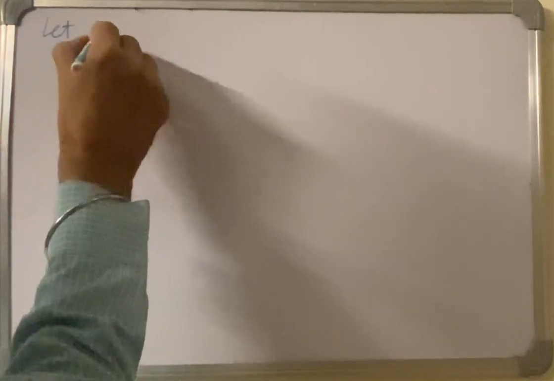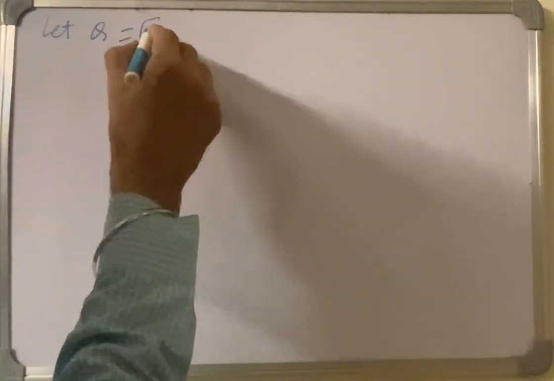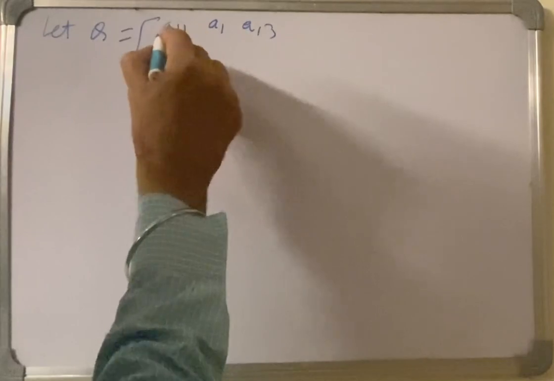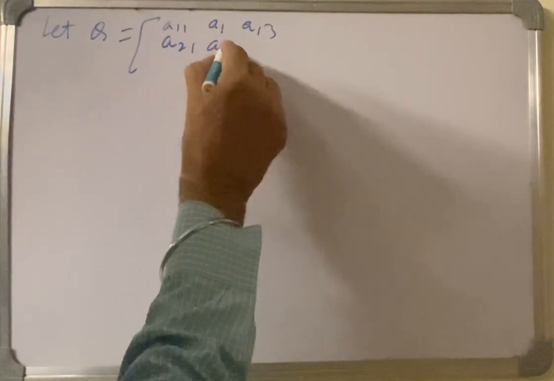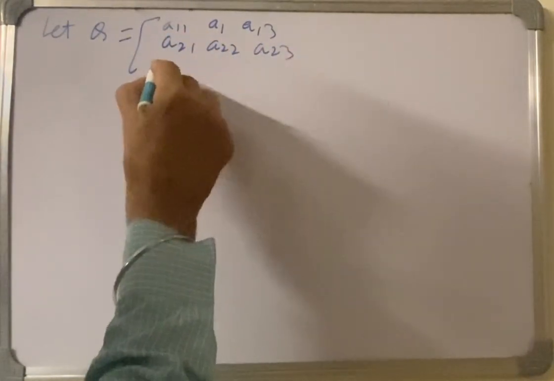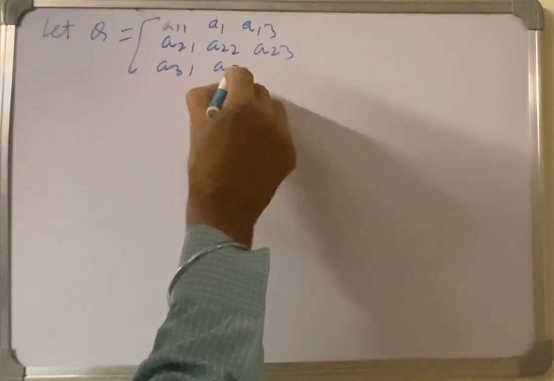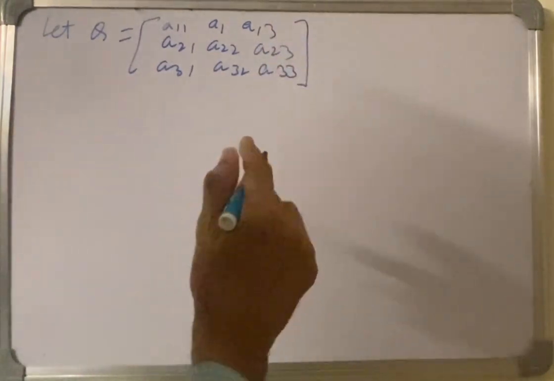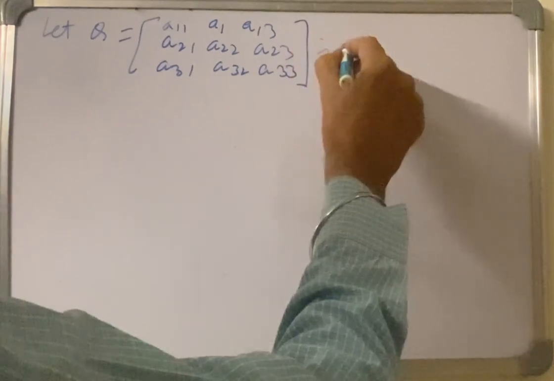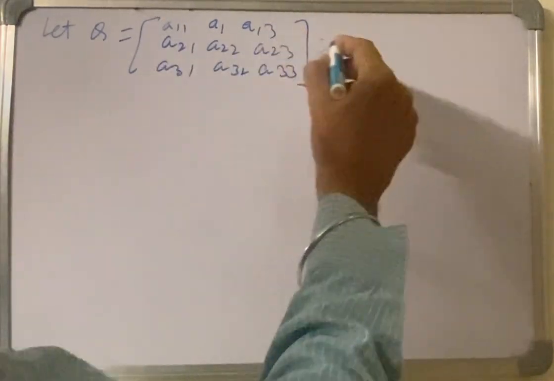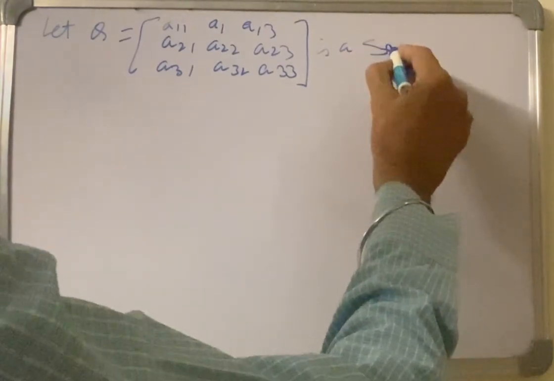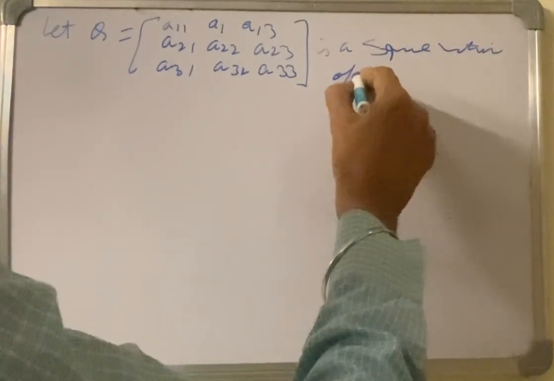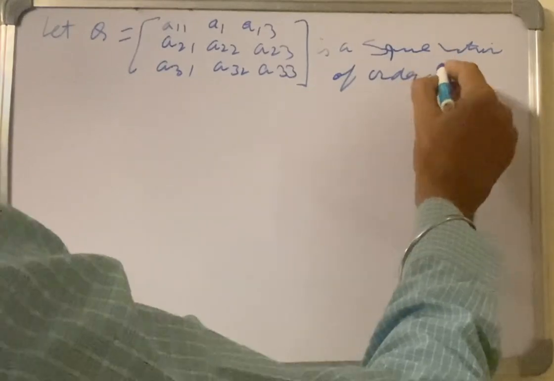Let Q is equal to A11, A12, A13, A21, A22, A23, A31, A32, A33, which is a square matrix of order 3.